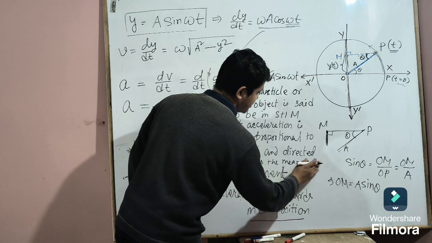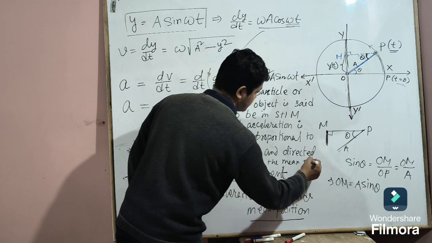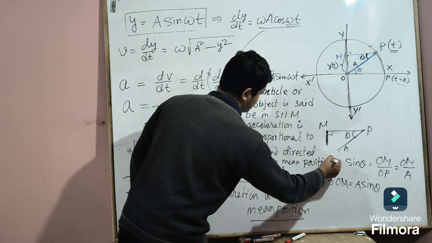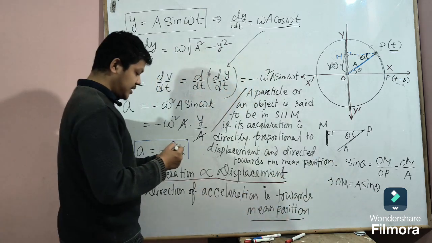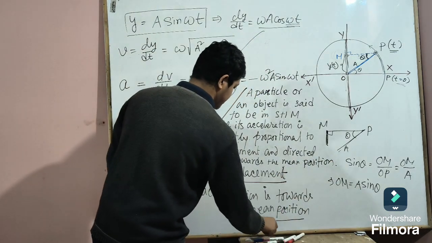Directed towards the mean position. So this is the definition of simple harmonic motion.